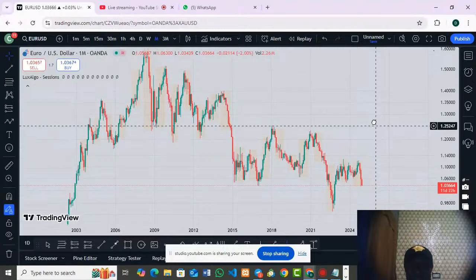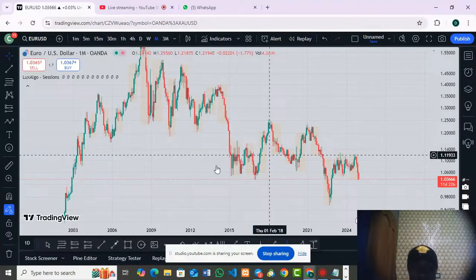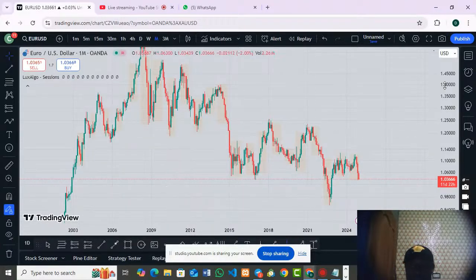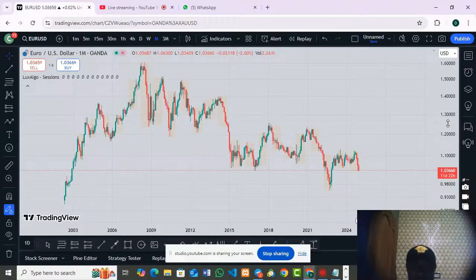That is very important. So this is the monthly time frame. This is how everything looks when you pop into the Euro USD environment. This resembles a particular pattern that price normally creates.